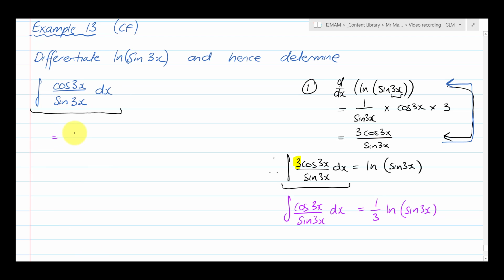The hardest thing in these questions, particularly if you're given a statement like this, that's not based on previous skills, is dealing with constants out the front. That's usually the thing people get caught up on the most, so be careful with those constants. This is a really good approach, but we'll see some others as well.